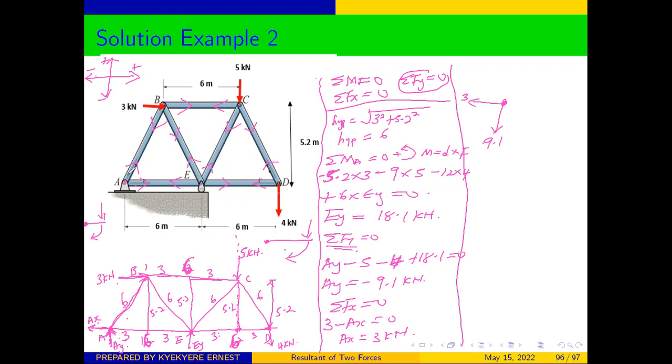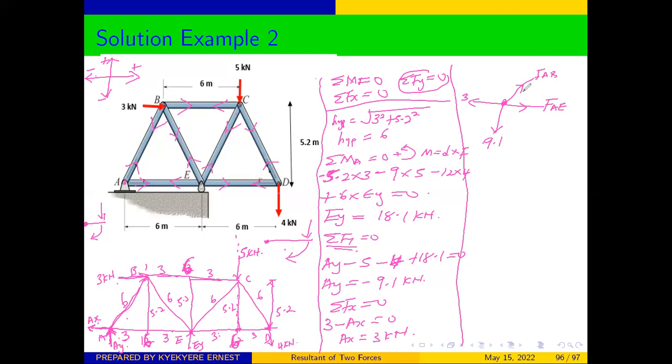We have the force from the member from A to B, so let's represent it as force AB, and this is the direction. Then we have one horizontal force, moving from A to E, so we can call it force AE.